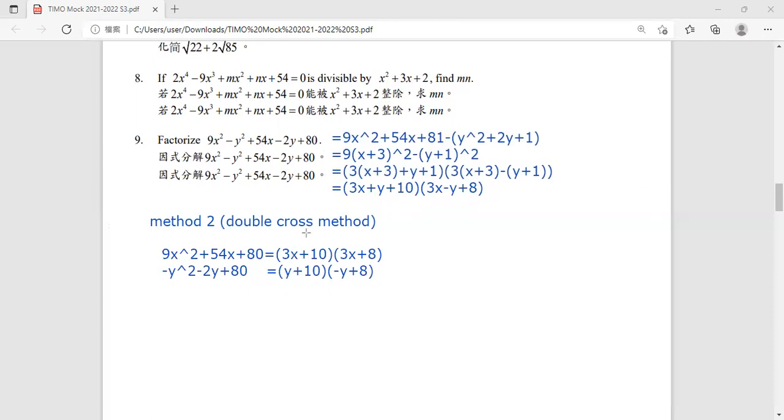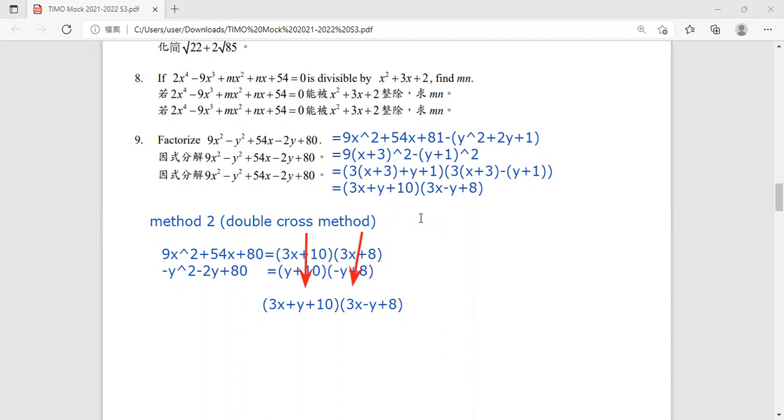You will get the answer, finished. Both methods are okay, any way you like it.